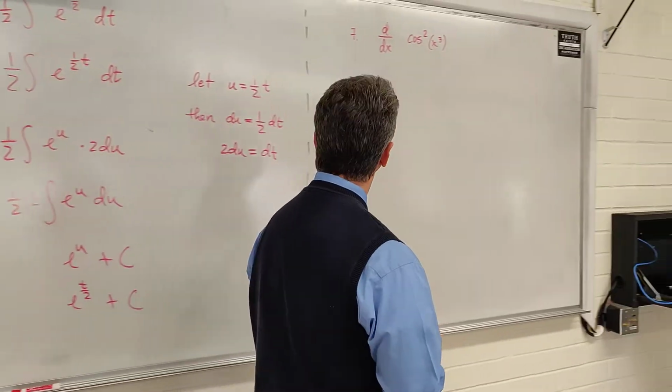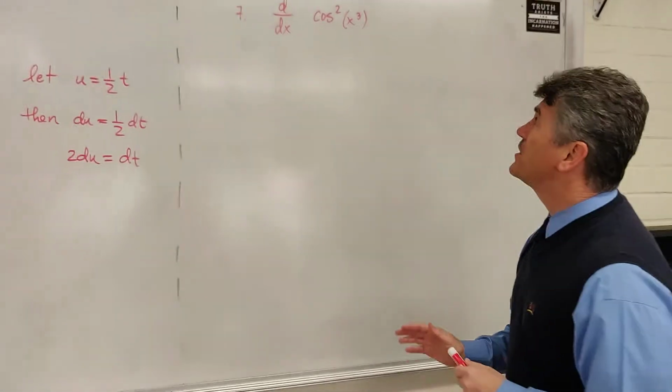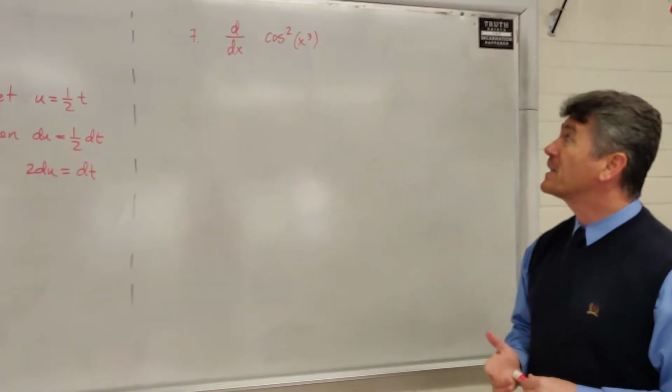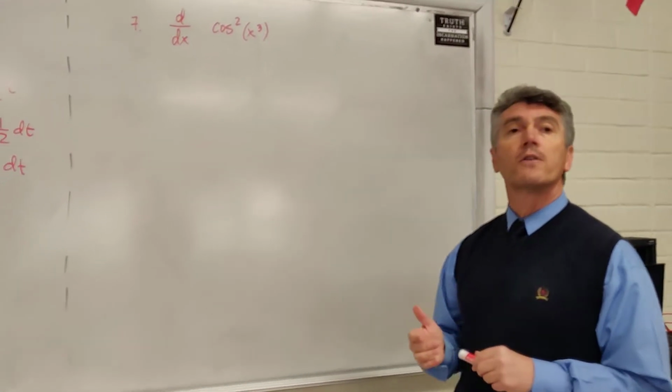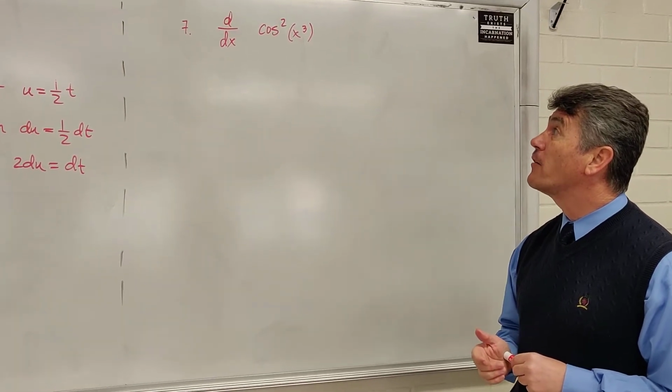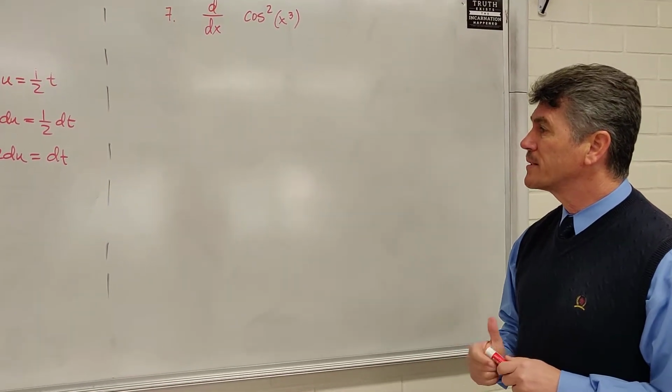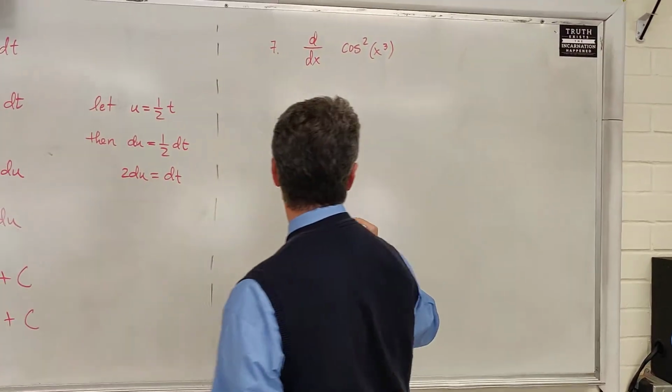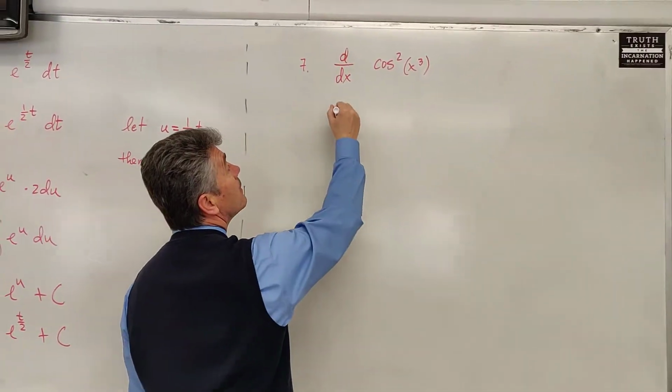We now move on to number 7. Number 7 might be a little bit more difficult because you have to use the chain rule. Not only do you have to use the chain rule once, but you'll have to use the chain rule 2 times. The first thing that you want to do is rewrite the question.